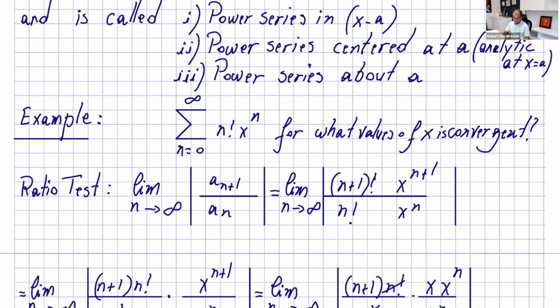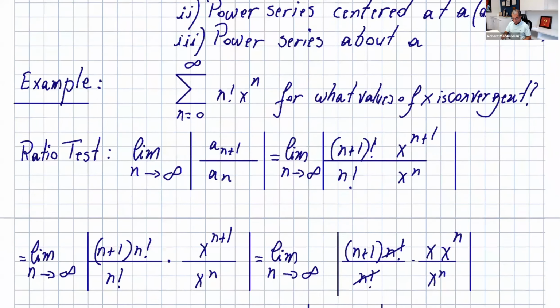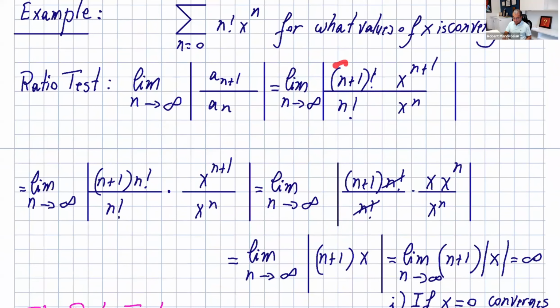What is the ratio test? You have to take the limit as n approaches infinity of a sub n plus 1 divided by a sub n. So if you substitute n plus 1 for n, you get n plus 1 factorial divided by n factorial, times x to the power of n plus 1 divided by x to the power of n. I can write n plus 1 factorial as n plus 1 times n factorial.